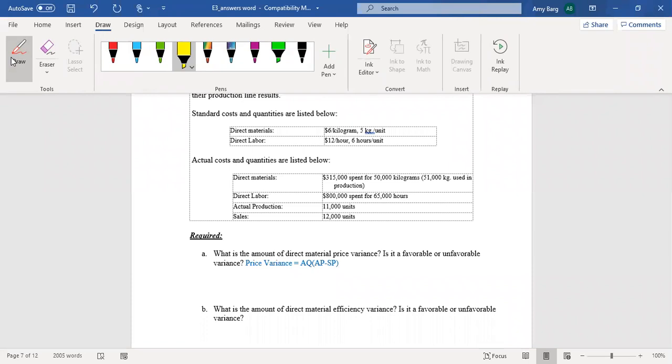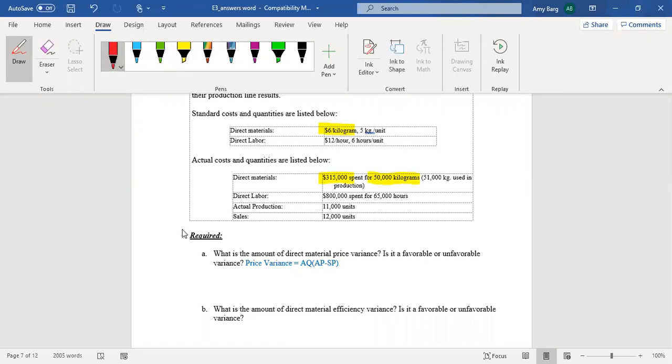There were 50,000 kilograms purchased, and he paid 315,000 for that, and we also know that it should be $6 per kilogram. So $6 and $315,000 are not really something that we can compare just yet.